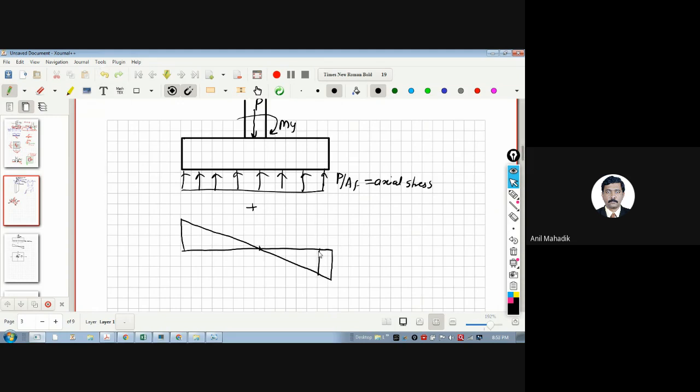So this will be your compression, let's say, correct, and then there will be tension. So here it is a tension, here it is a compression, and what is the pressure? Pressure will be my upon z, correct?